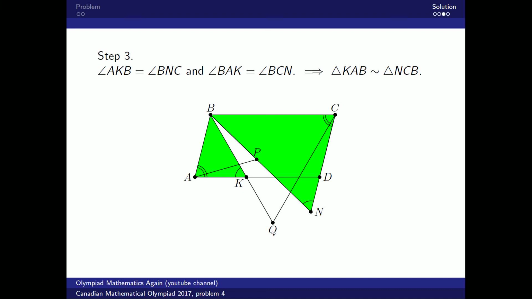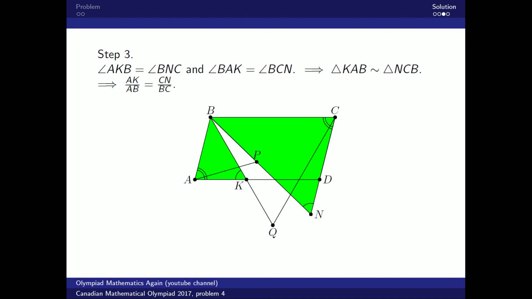Because they are similar, we can conclude that the proportion of their sides is also equal. Therefore, AK over AB is equal to CN over BC. This is the proportion of the corresponding sides in the similar triangles.